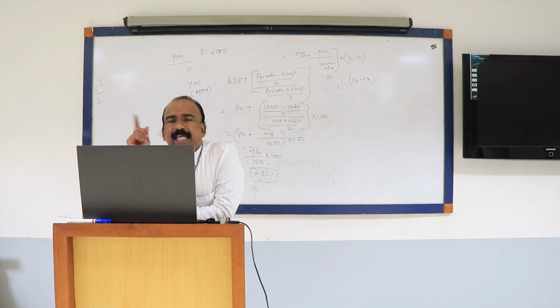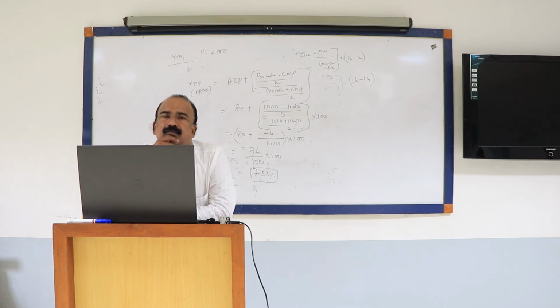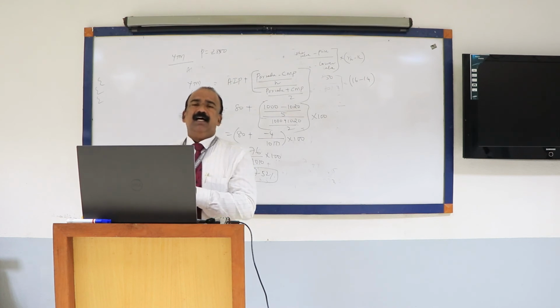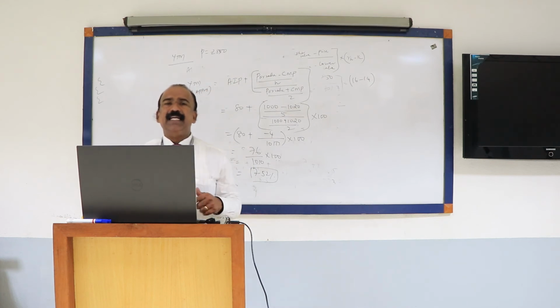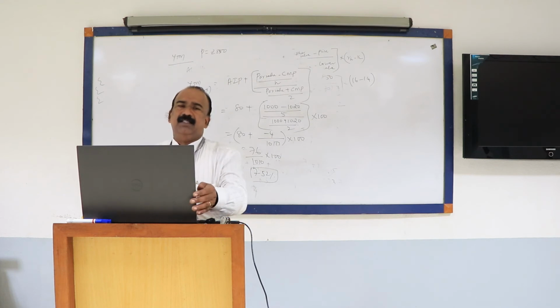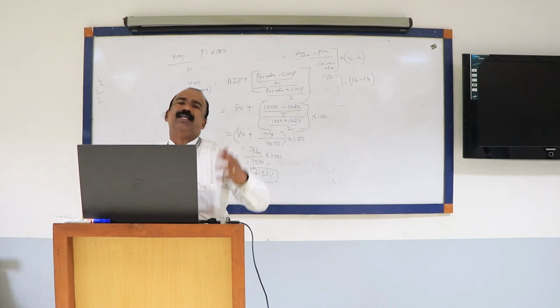If he receives the same 7.51, then YTM and realized YTM are one and the same. YTM and realized YTM are the same if the reinvestment rate is equal to YTM. But here the reinvestment rate is a little different. So he is reinvesting at 7%. So in that case, what is the YTM?